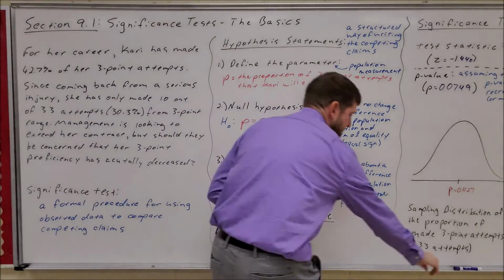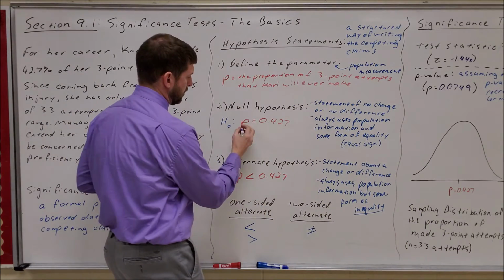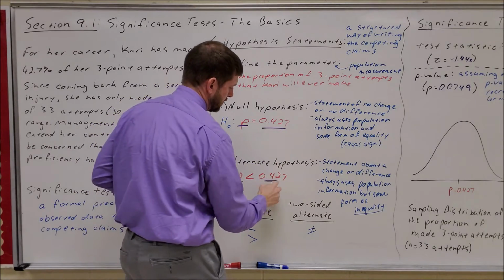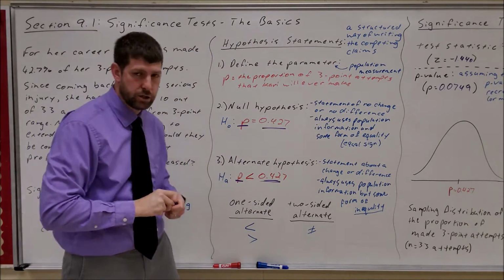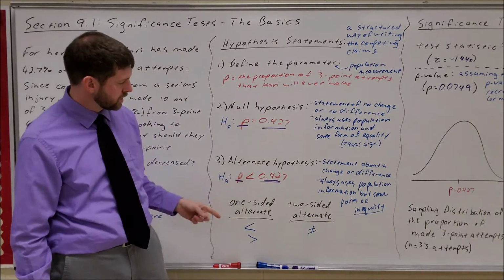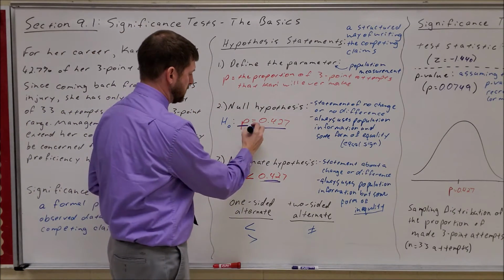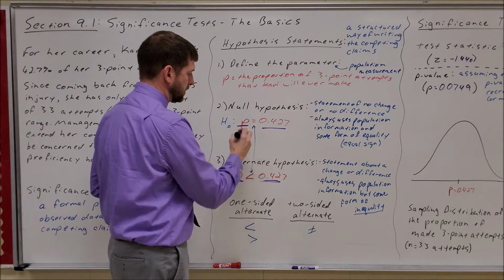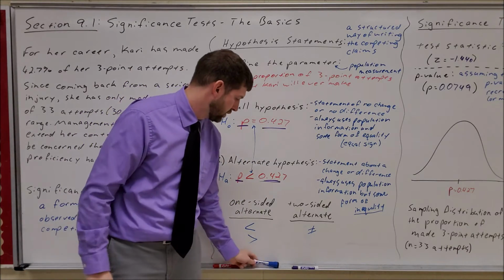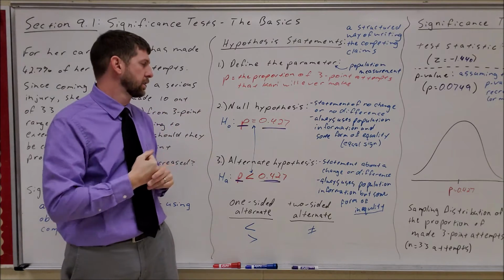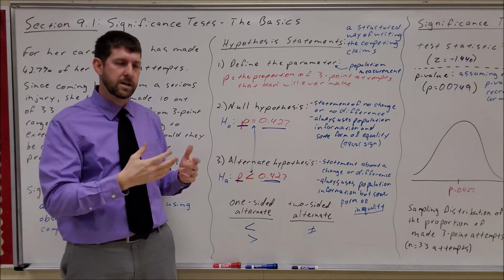Notice how I use the exact same parameter, population proportion, and calculation. Those don't change. The only things that change are the inequality or equality statements. So that's how you write a really general hypothesis statement.